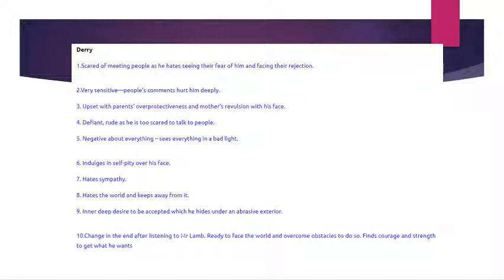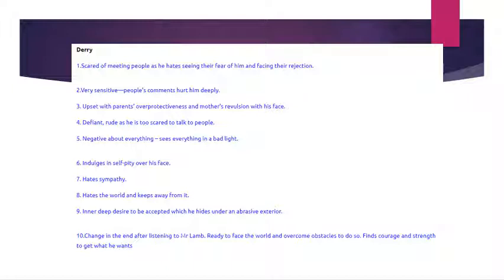Negative about everything, he sees everything in a bad light. He indulges in self-pity over his face and hates sympathy. He hates the world and keeps away from it. So he remains alienated and isolated, with an inner deep desire to be accepted. Within him, there is a deep desire that everybody should accept him, which he hides under an abrasive exterior.